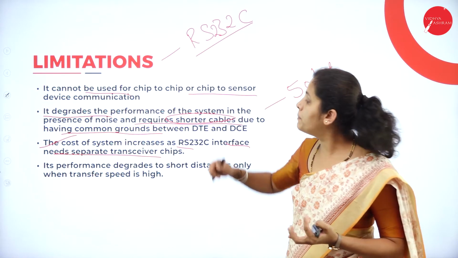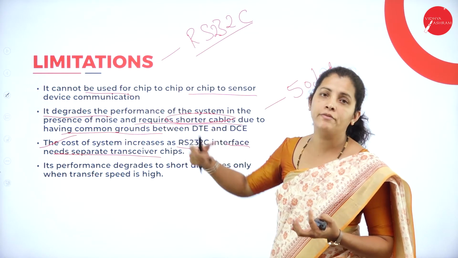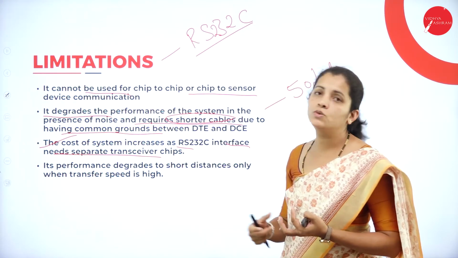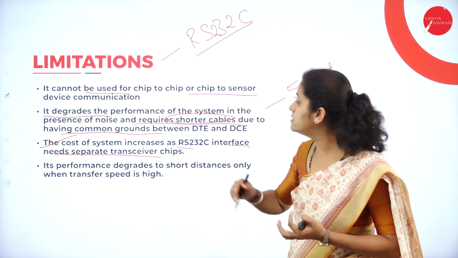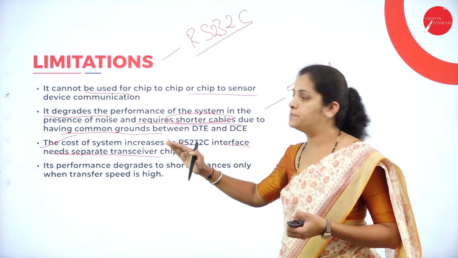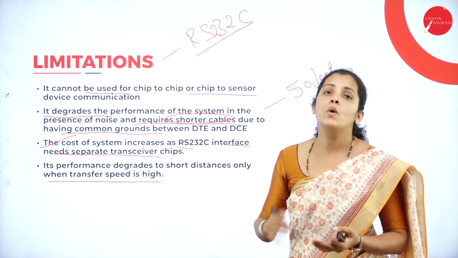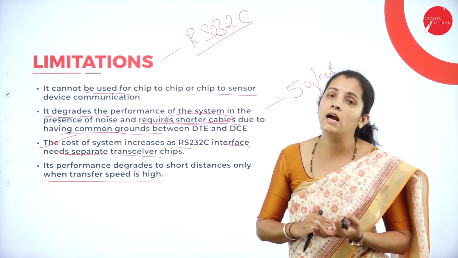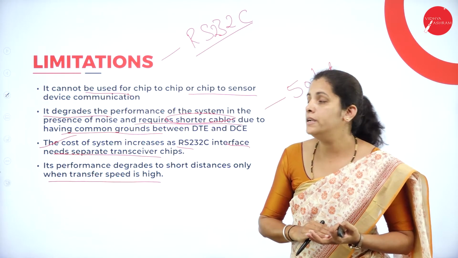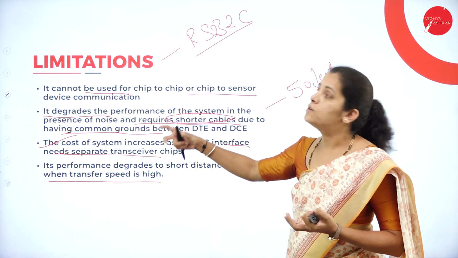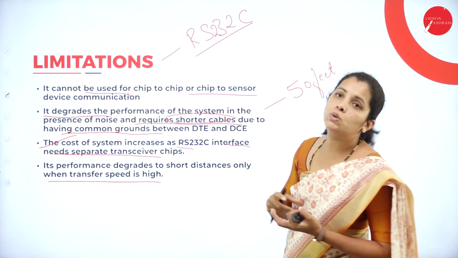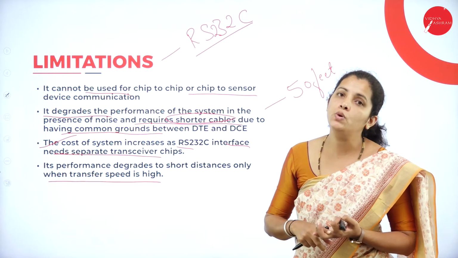I repeat, the performance is going to degrade when you transmit data at high speed. When you transmit the data at a higher speed, the performance of RS-232C is going to degrade.